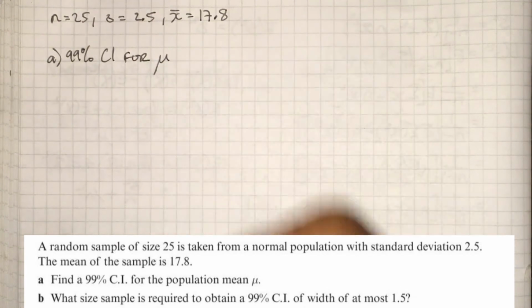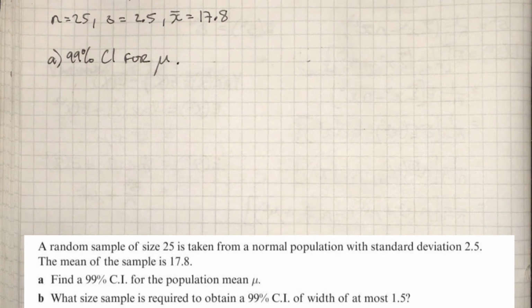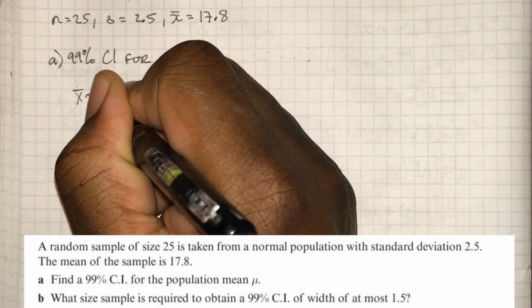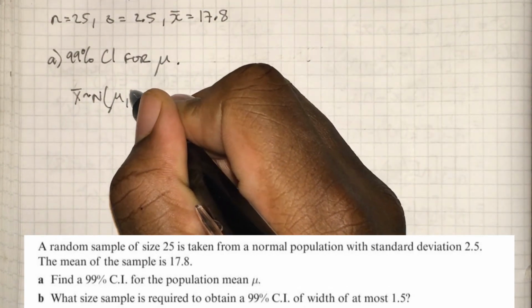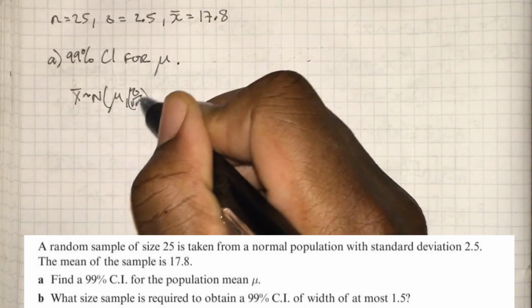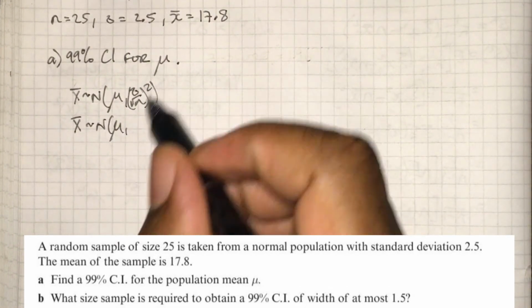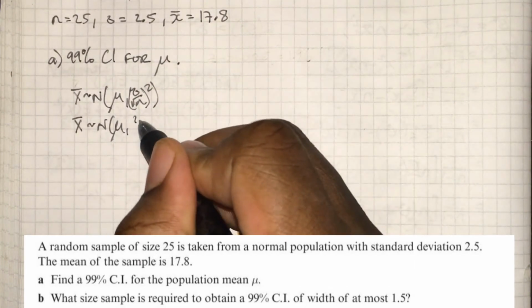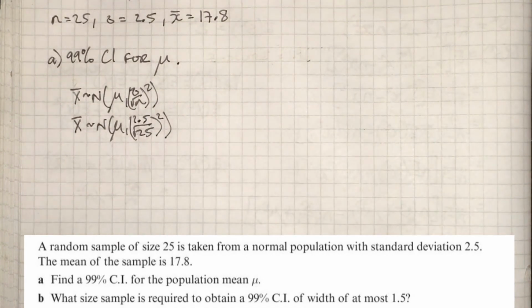And just to raise your awareness, we know that the original distribution was a normal distribution, so we're not actually using the central limit theorem here. Because it was a normal distribution, we would expect the sample to follow a normal distribution. The central limit theorem says that regardless of the original distribution, it will be a normal distribution for x bar.